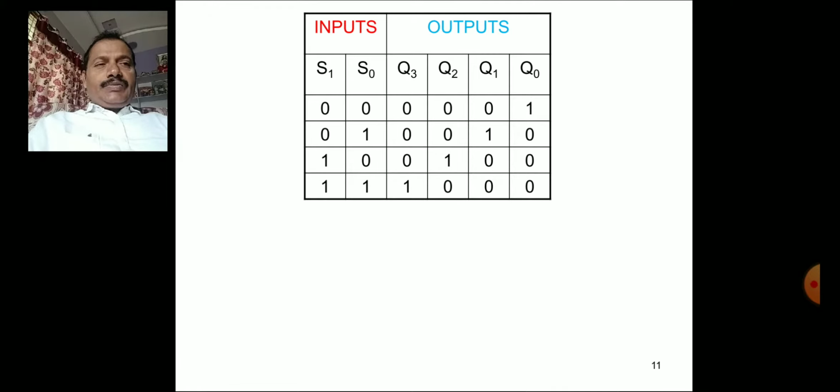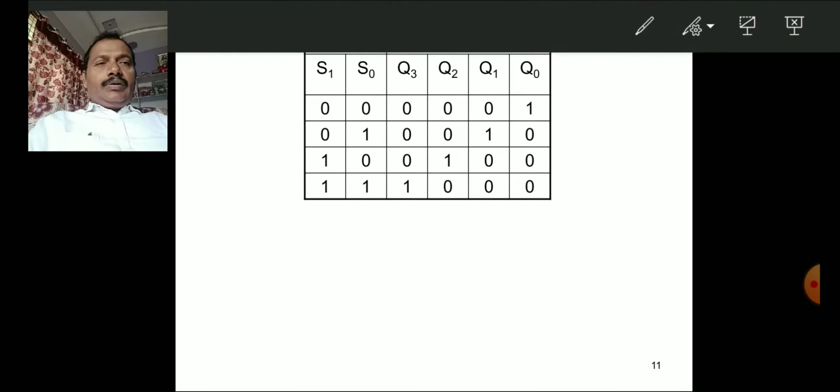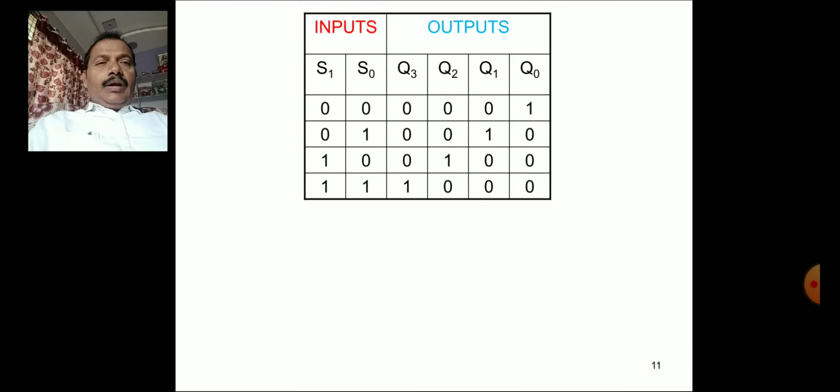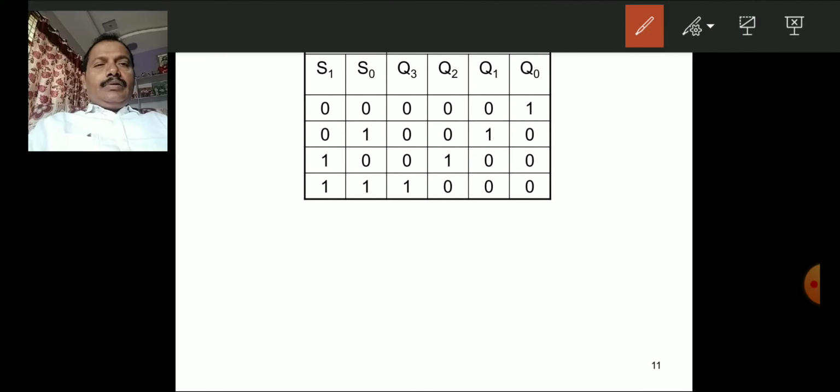The first step is to draw the truth table. The input combinations of S1 S0 are 00, 01, 10, 11.